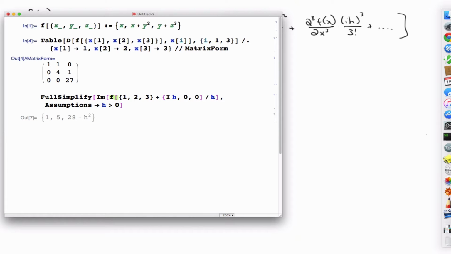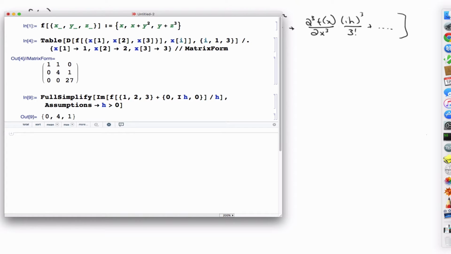I perturb the first entry with ih, 0, 0, so that's just the first column. And I could do the second and third individually. If I just change this from 0 to ih here, I get the second column.